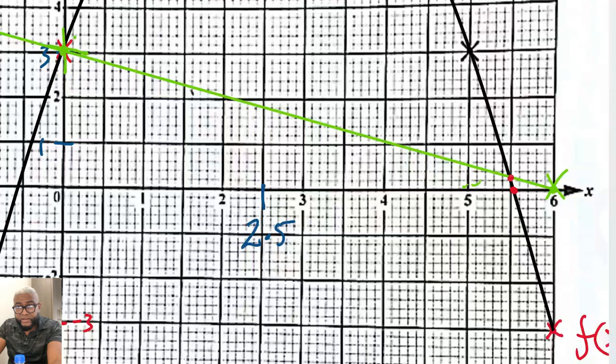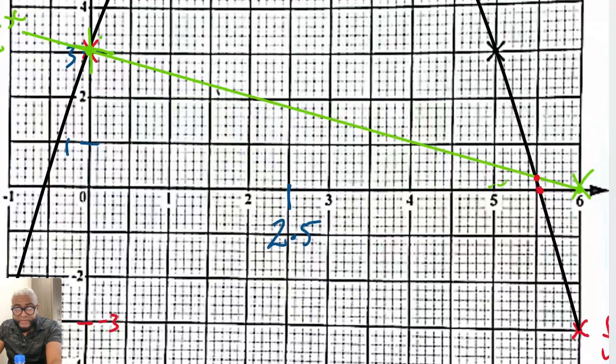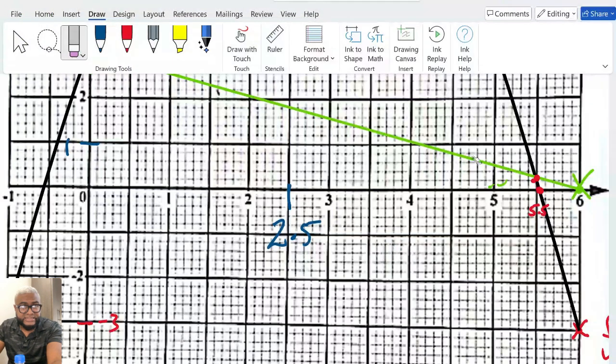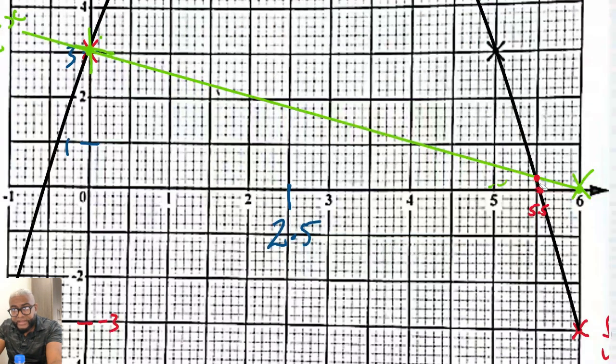What are the coordinates for this point looking like to you all? This number here will be what? 5.5? Everybody agrees? Yes, 5.5, right? And what is it lining up with on your y-axis? It looks like 0.3 or 0.2.